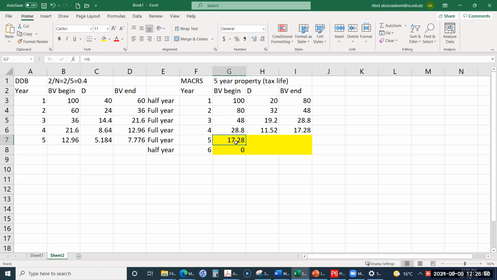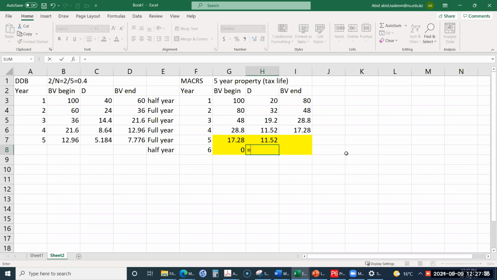If we have to depreciate 17.28 in portions, here we will have a full year and here we have a half year. So what will be the proportion we use? Out of 1.5, we will use a portion of 1 here and half here, because this is a half year and this is a full year. So we will depreciate 2/3 of that amount here, and that's why we will get 11.52.